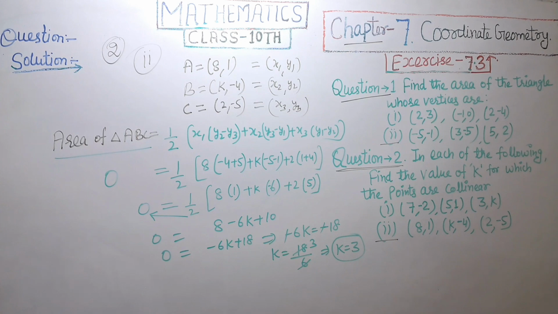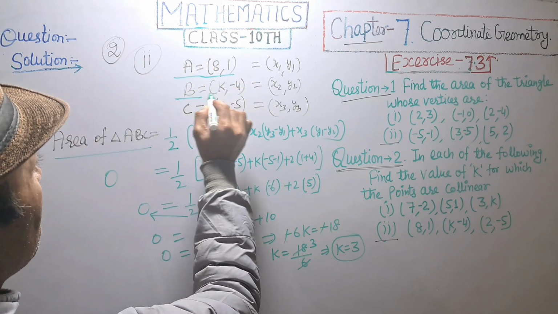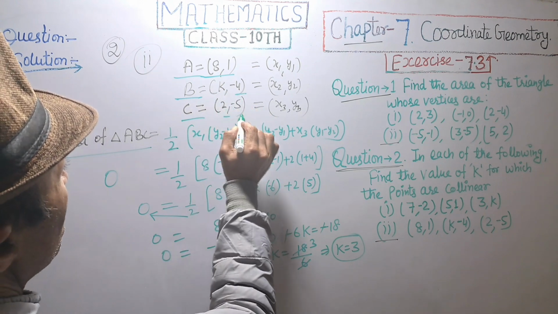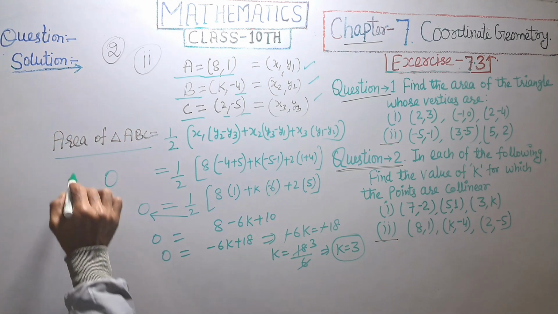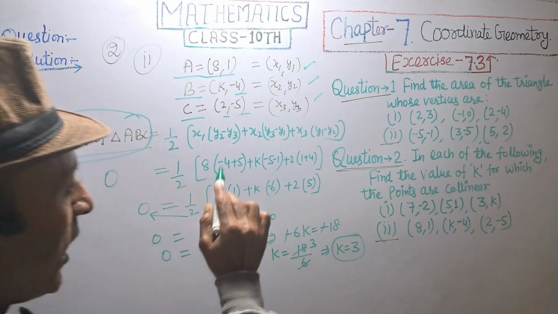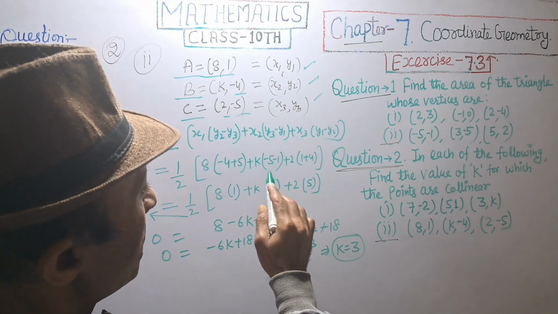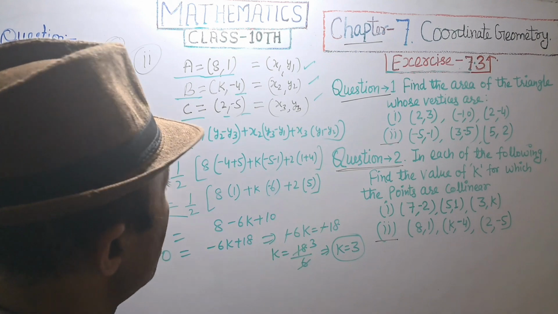We have given A 8, 1, B k, minus 4, C 2, minus 5, x1, y1, x2, y2 and x3, y3. So area of triangle ABC can be written as half x1, y2 minus y3 plus x2, y3 minus y1 plus x3, y1 minus y2.